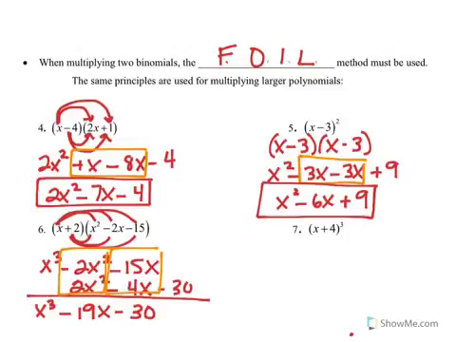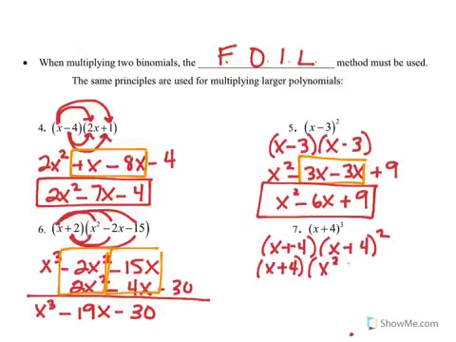When you have x plus 4 or a binomial raised to the third power, sometimes the easiest thing to do is just to write it out. This is x plus 4 times x plus 4 squared. So this is x plus 4 times x squared plus 8x plus 16.